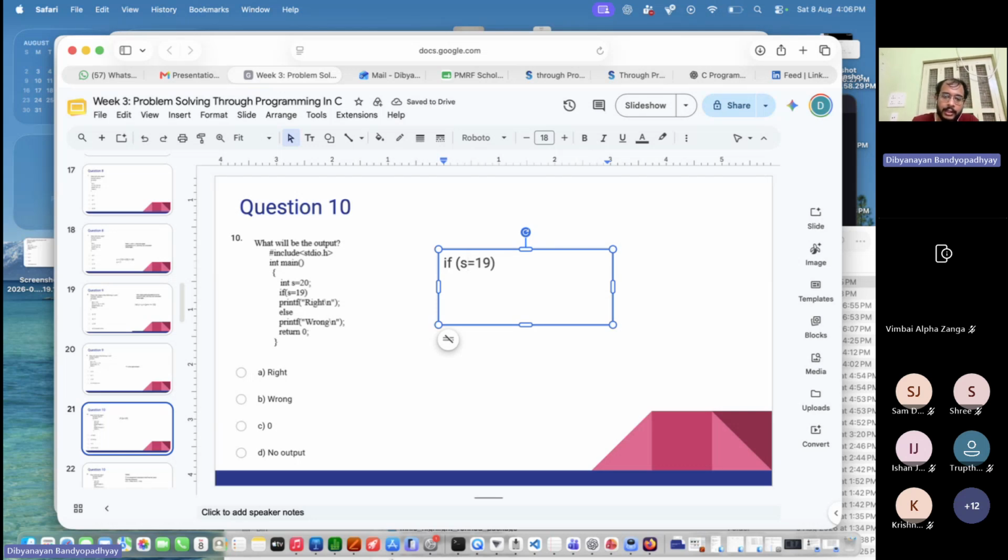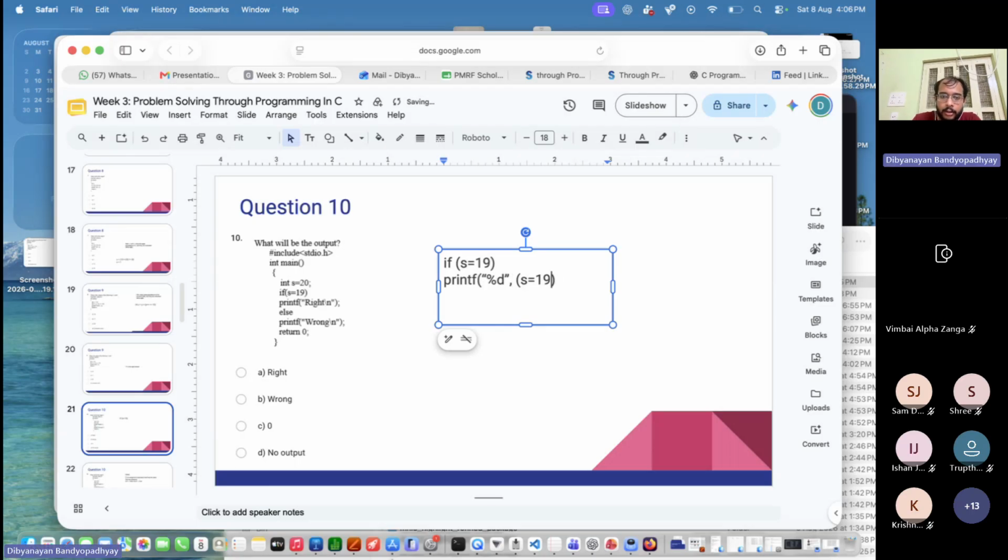The value of any assignment expression is the assignment itself. So remember that always. If you just print it like that, printf percentage d, and then let's say s equal to 19.